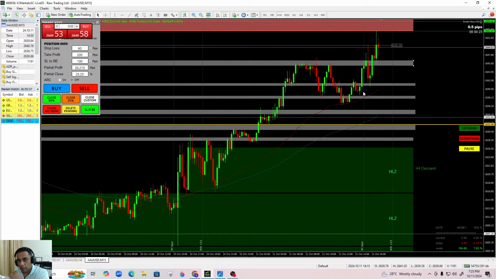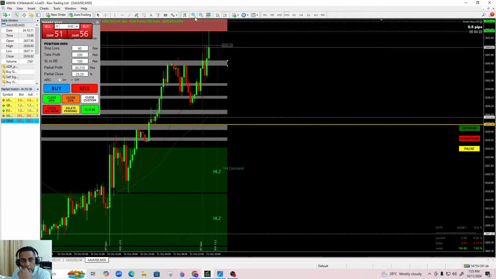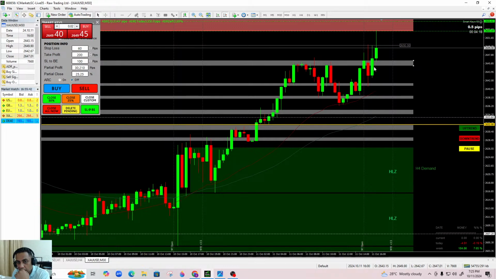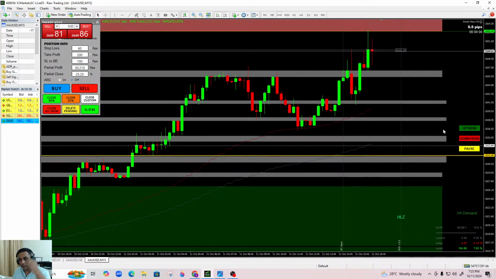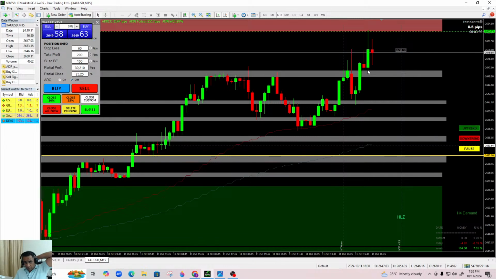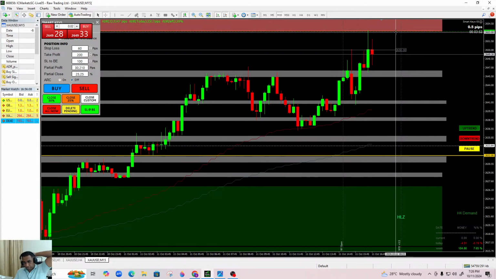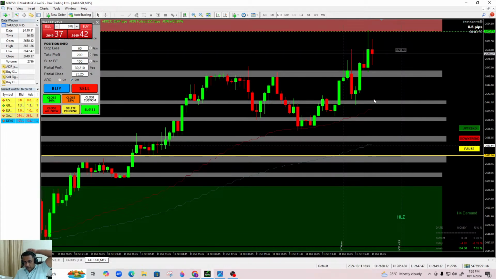Okay. That's better. So, okay. So price is closing above this support. We might pull back. So we touch that, drop 57 pips. The 4-hour needs to close above this support to continue higher.